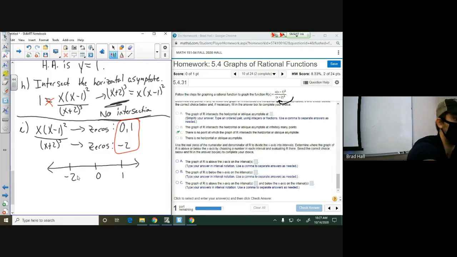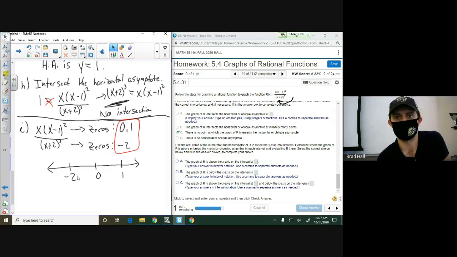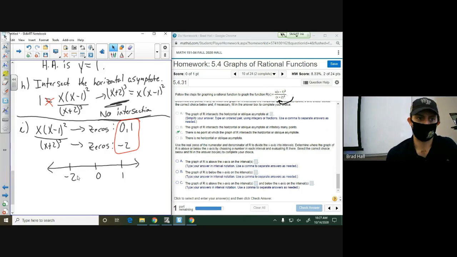We're going to figure out which parts of the graph are above the x-axis and which parts are below the x-axis, and we're going to use multiplicities to help us with that. It's very convenient that we already figured out the majority of this information in previous steps. We already had to figure out the behavior around the asymptote of -2.